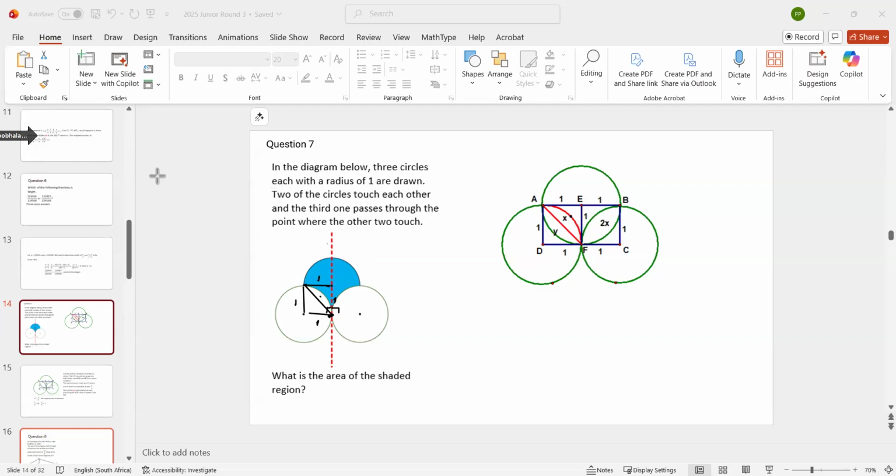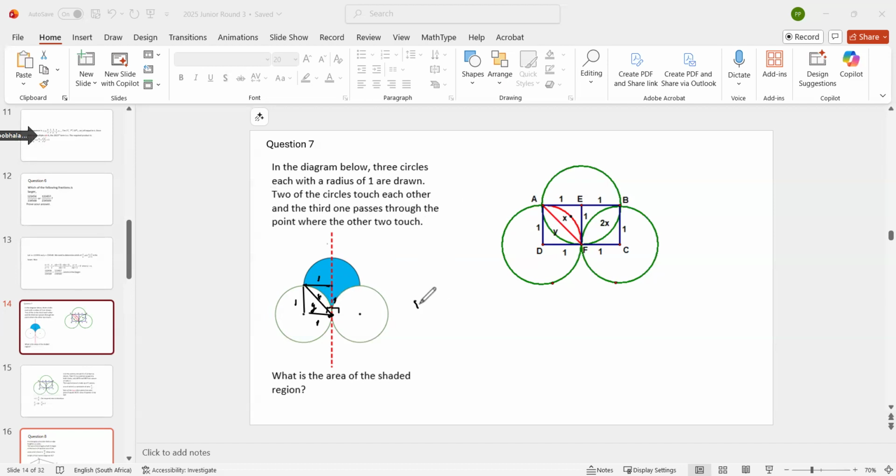So in this diagram here, you will see that I'm calling this part here, let's call that X, call that Y, and that's the white part here.